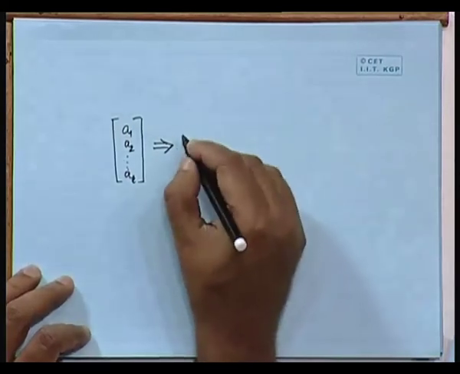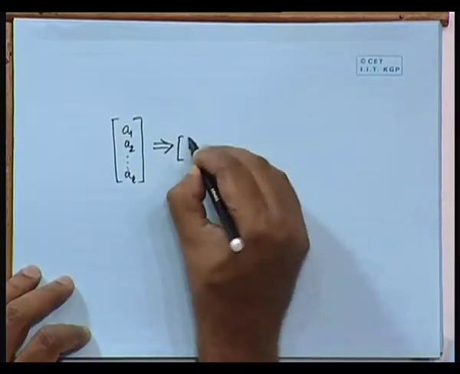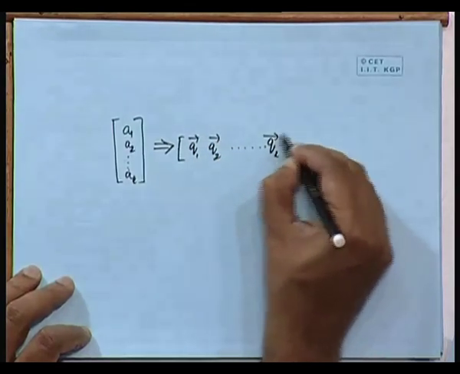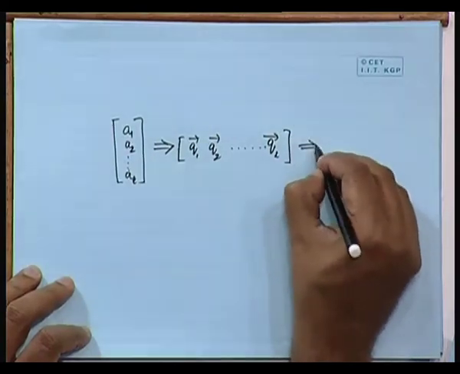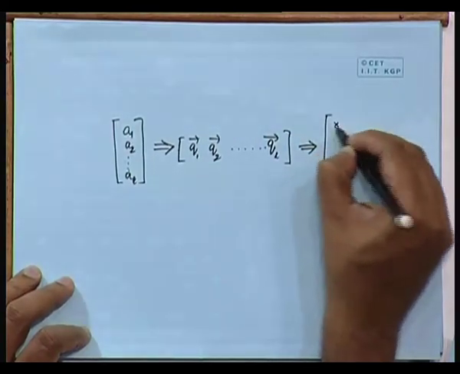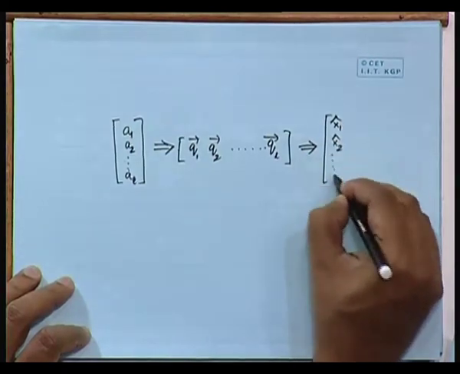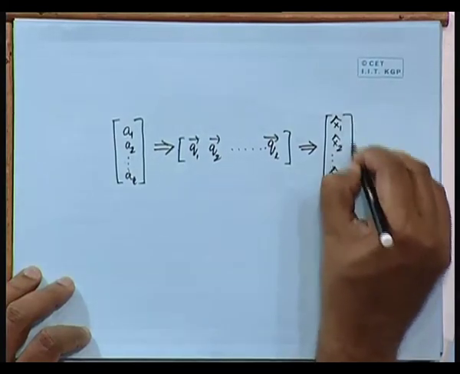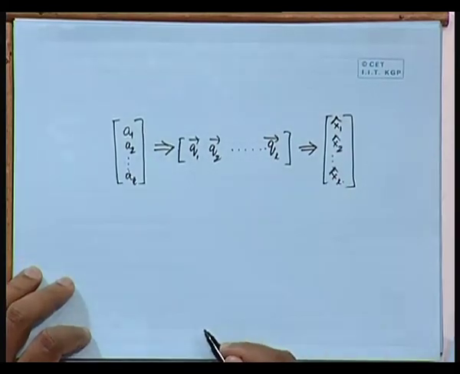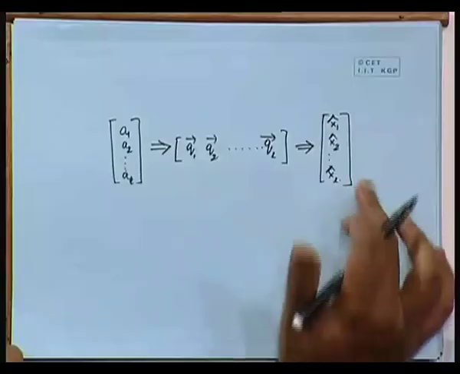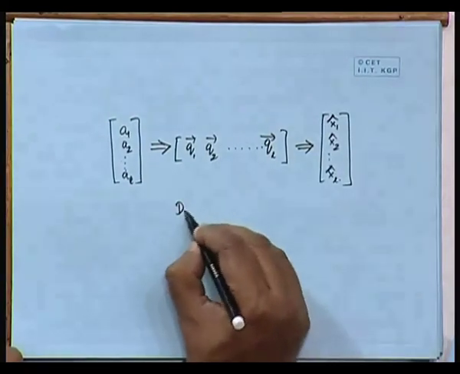So, if we take all the q vectors q1, q2 up to ql, this ultimately gets transformed into x1 hat, x2 hat up to xl hat, and why hat? Again, because this is not an exact solution, this is an approximated solution, approximated because of the truncation of the L terms. So, this is our decoder part.